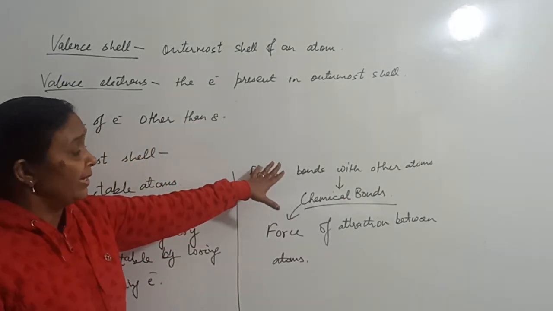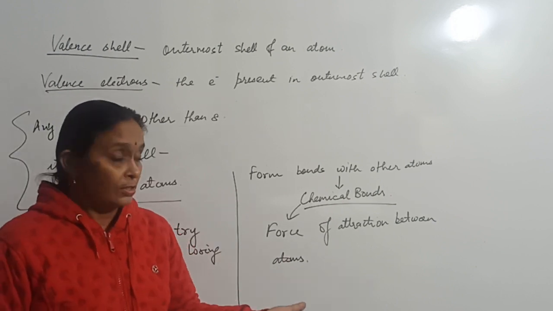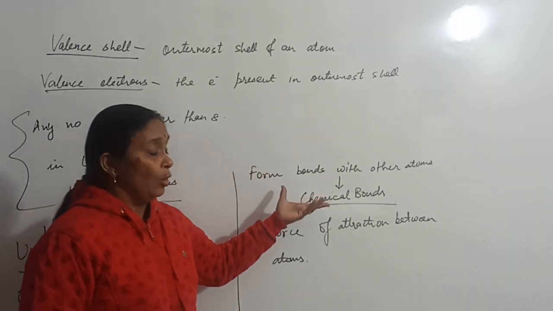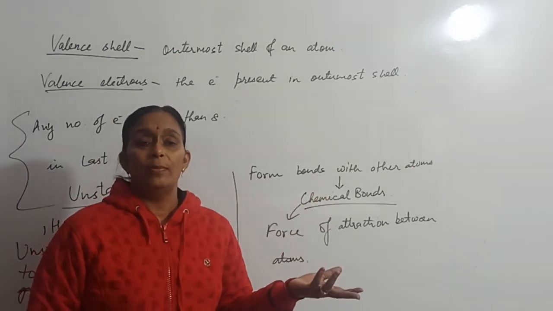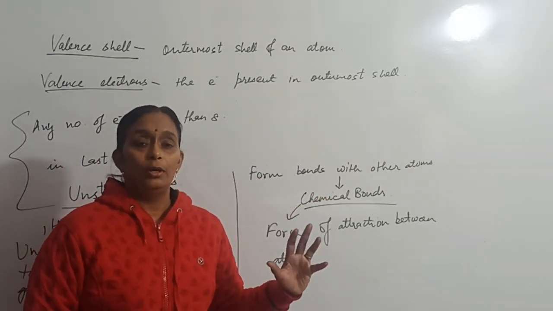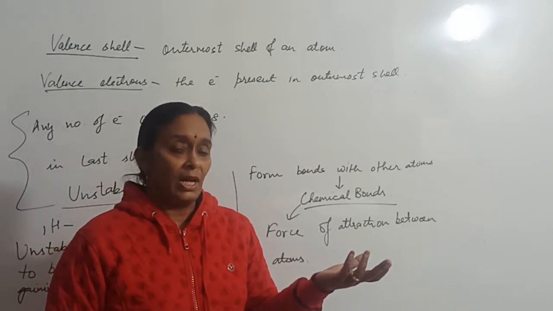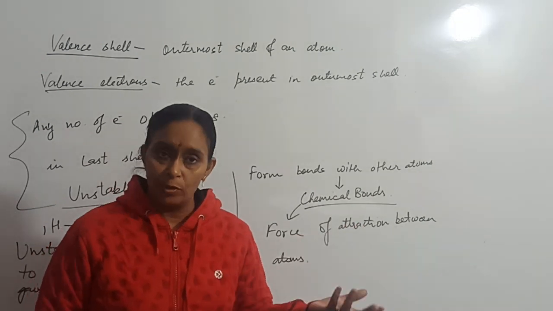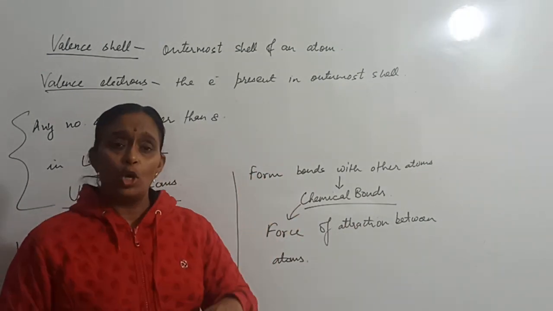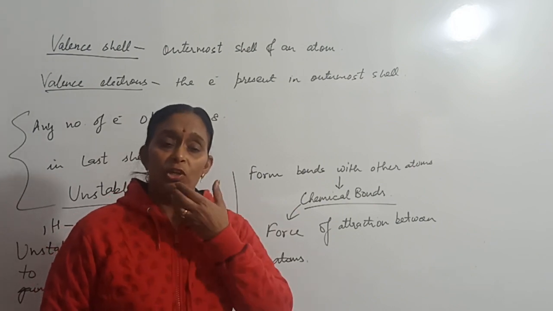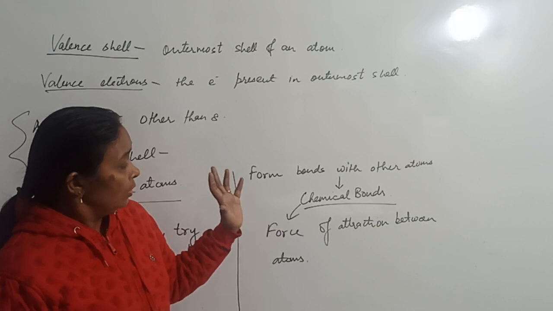So a chemical bond is formed between atoms when they lose, gain or share electrons with other atoms. You have studied this term chemical bond earlier also. There are different types of chemical bonds like electrovalent bond or covalent bond. That we will study in the next class, the different types of chemical bonding. The next topic we will be discussing in the next video is isotopes. So, this is all.